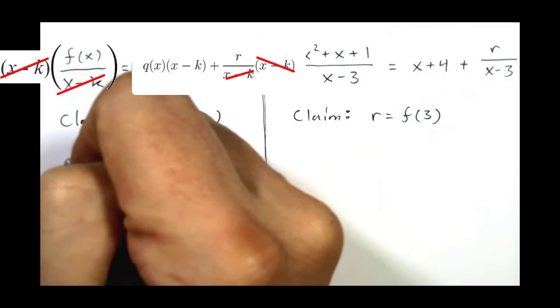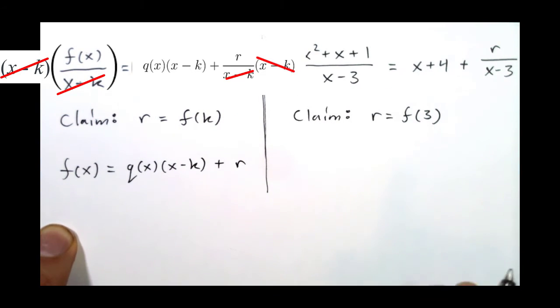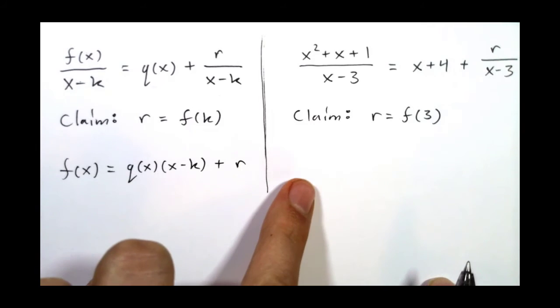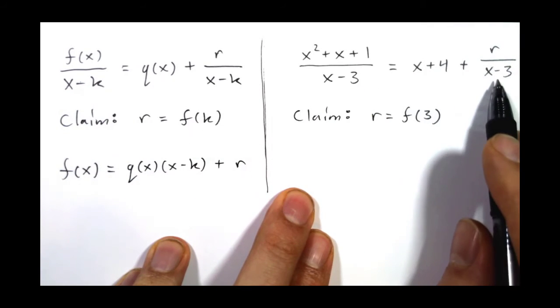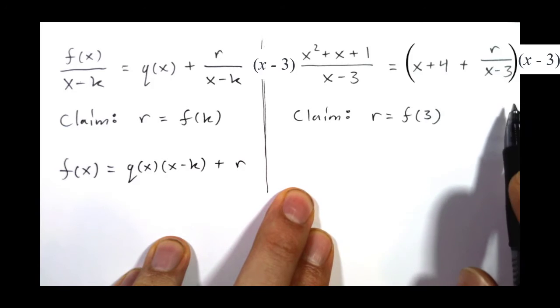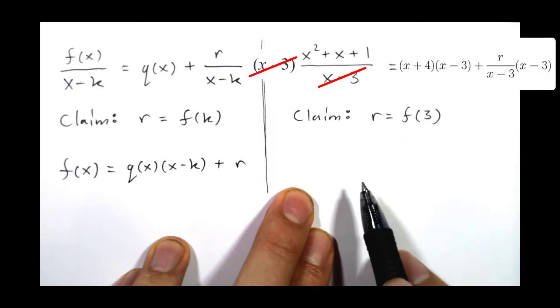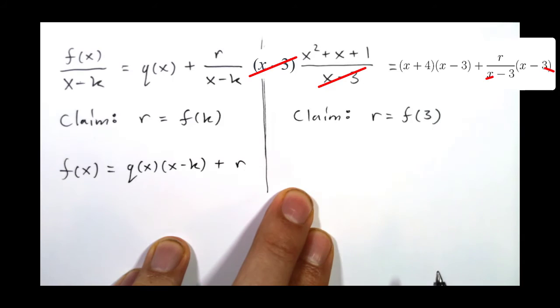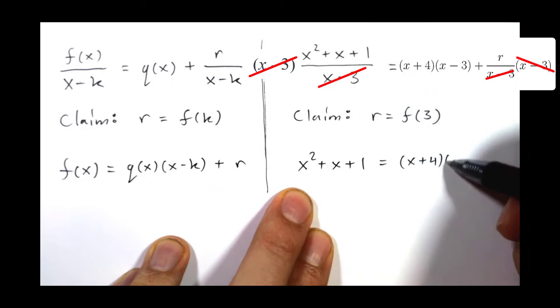So what I end up with is this. Let's do that same thing on the right with the explicit polynomials. So I'm going to multiply both sides by x minus 3. They distribute on the right and cancel on the left, and they cancel on that term over there. And so what I get is this.